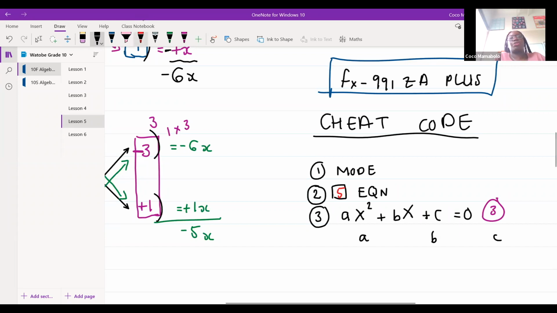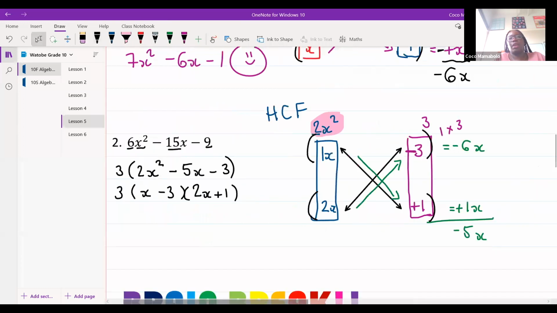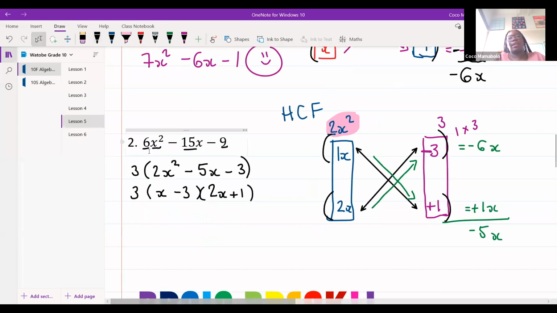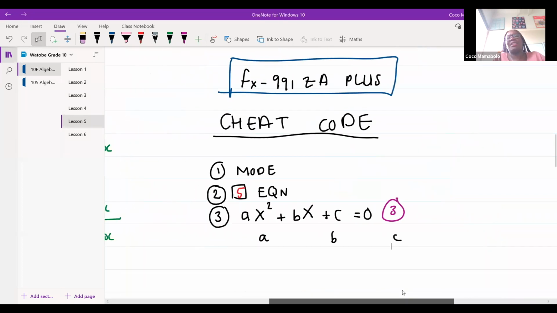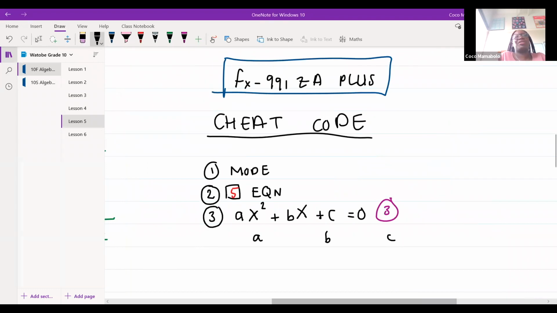So the first thing you're going to do, let's look at our equation again. What did our equation say? I need to move over. Our equation says 6x squared minus 15x minus 9. I'm so bummed, guys. I thought all the calculators had this in it, and now I'm shocked that they don't.